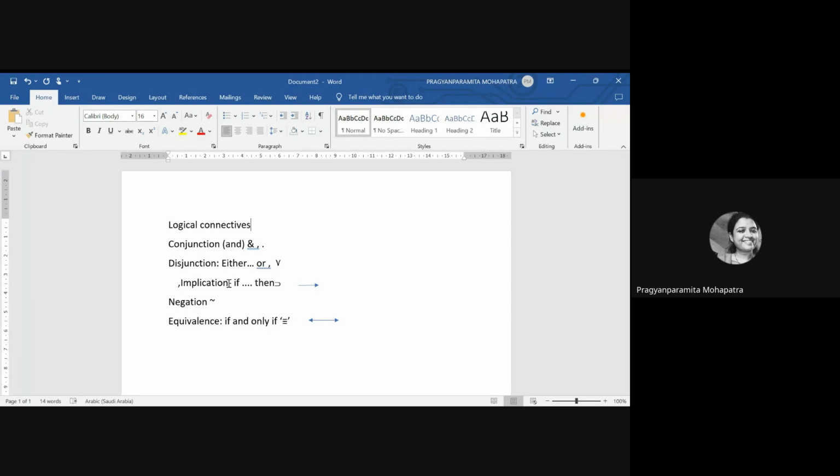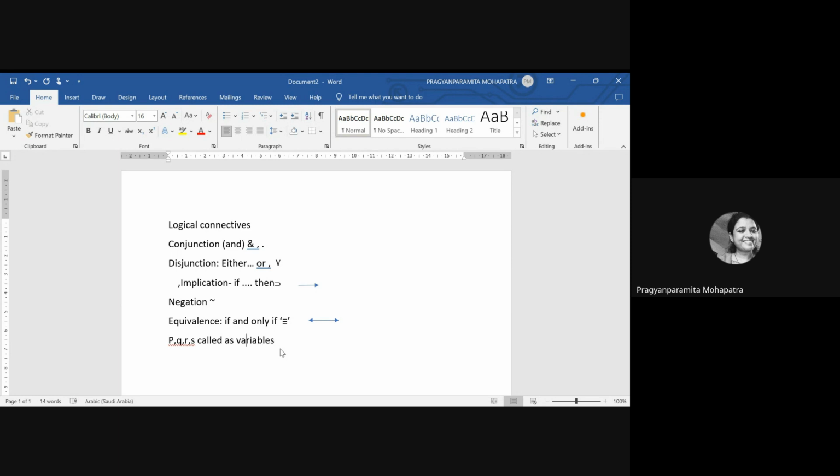Then we have certain letters like P, Q, R, S, etc., which are called logical variables.